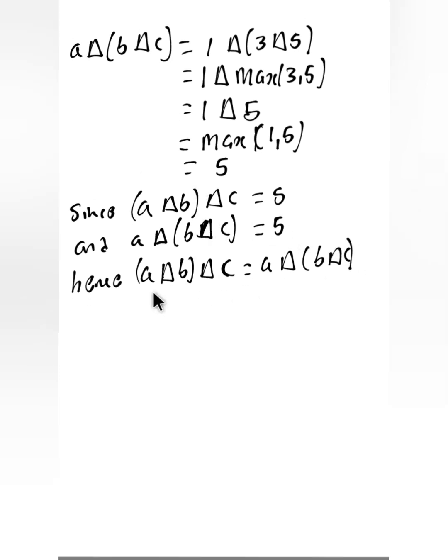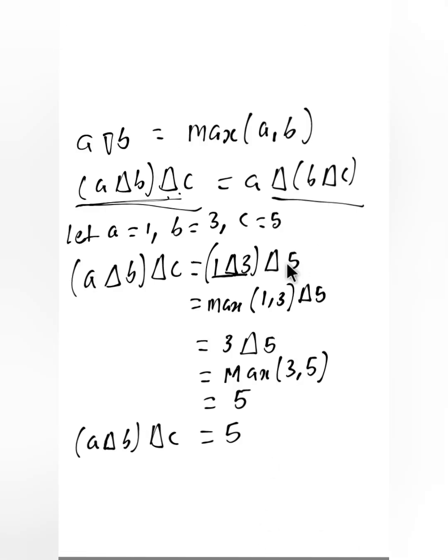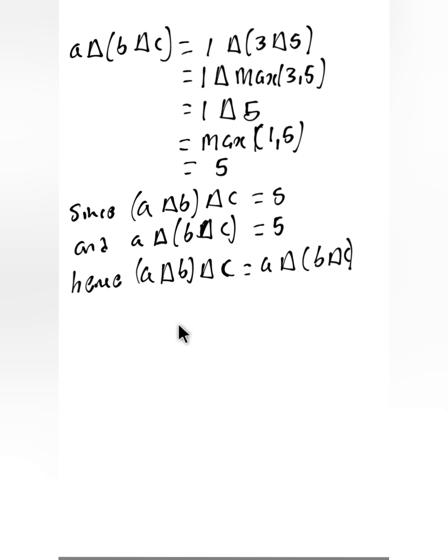They are both 5, so they are equal. Thus, the relation is associative. The relation is associative because we solved for both sides of the equation. We solved for this side, we also solved for the other side, and this part is 5, this other part is 5, hence they are said to be associative.